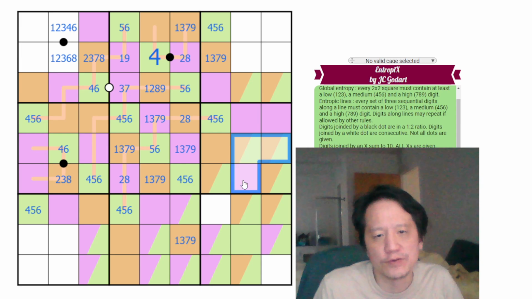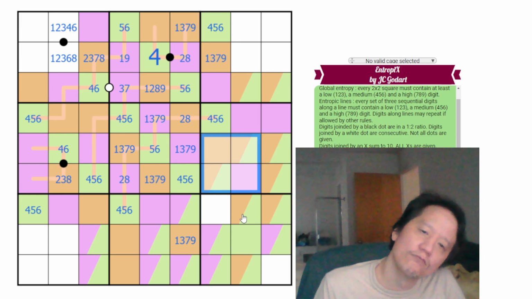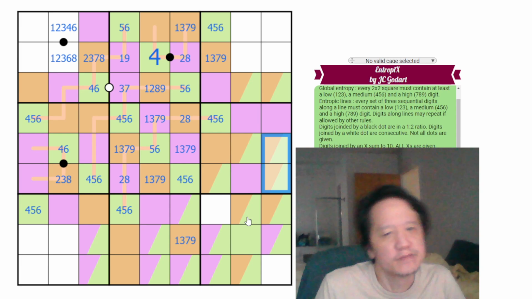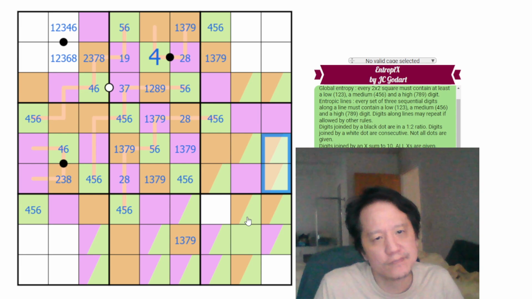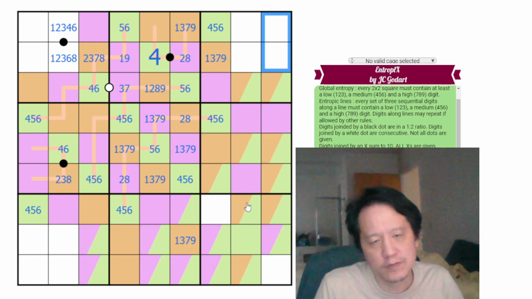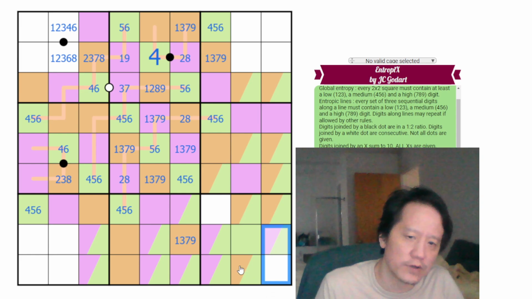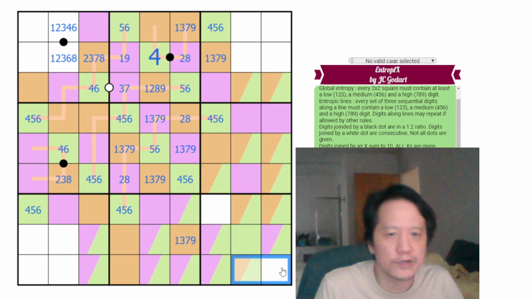This has all 3. This cannot be both green. One purple here, one purple here. That doesn't tell us much. It says one purple here, one orange here.